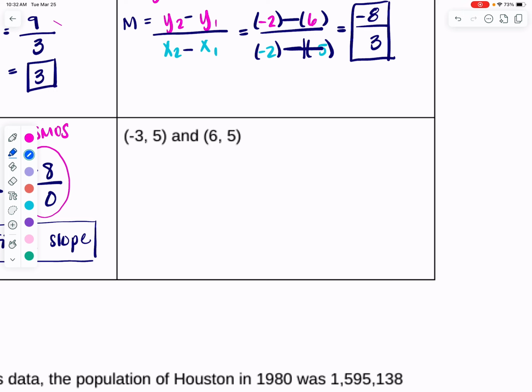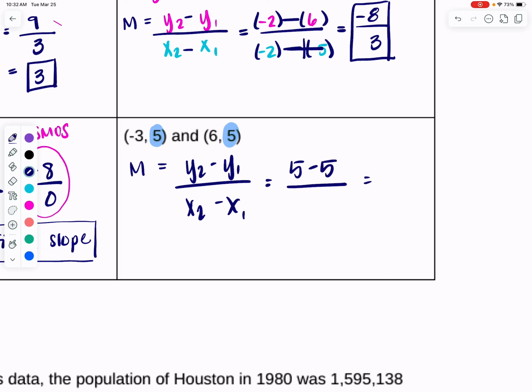On this last example, this time I noticed that the y's match. That means when I plug the numbers into the formula, I'm going to have a 5 minus 5 in the numerator. 0 divided by any number is just 0.